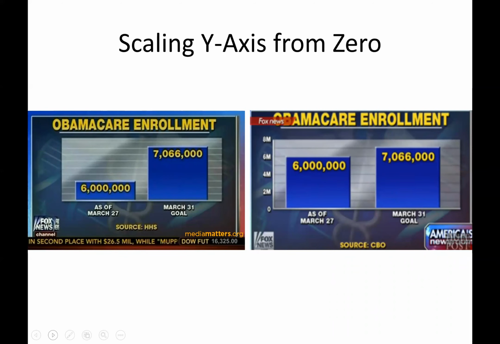So now going to one of the things that is covered in 2.3, scaling the y-axis from 0. On the left, this graph was used in the original telling of the story. And even with the numbers on there, our minds are trained to make proportional comparisons.